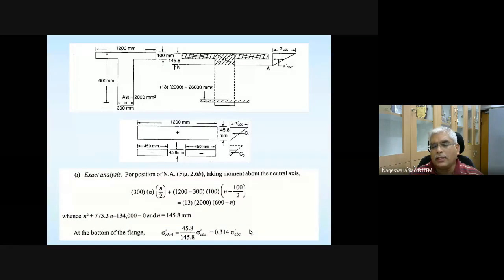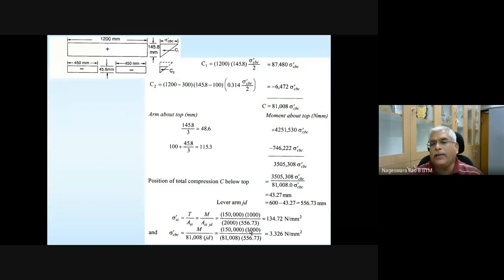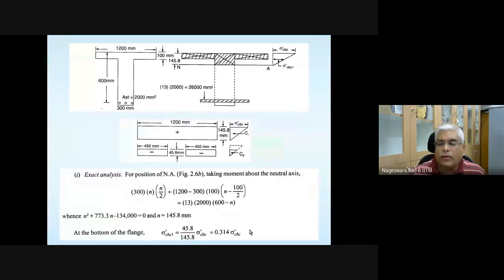Is it clear? Now we got the neutral axis depth. What do we need to do? We know this is the area which is in compression, but we are also interested in the lever arm. To calculate the moment capacity, we require the lever arm.